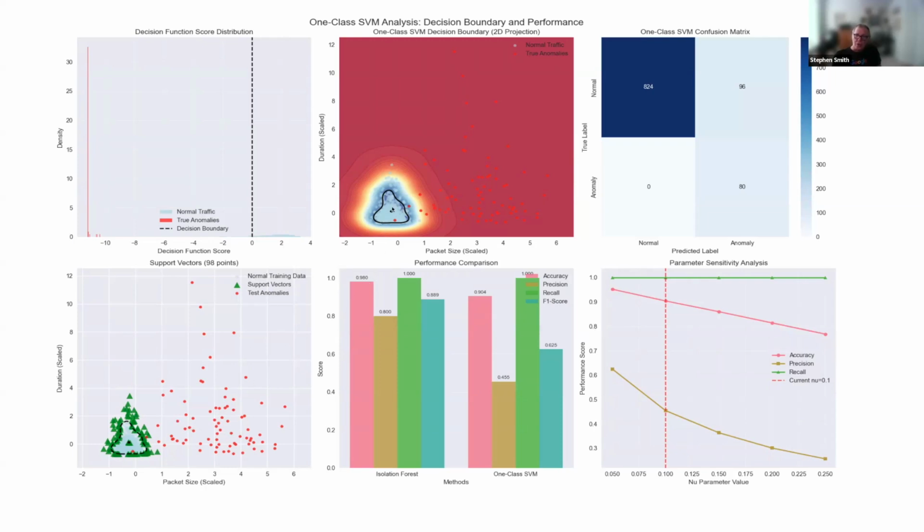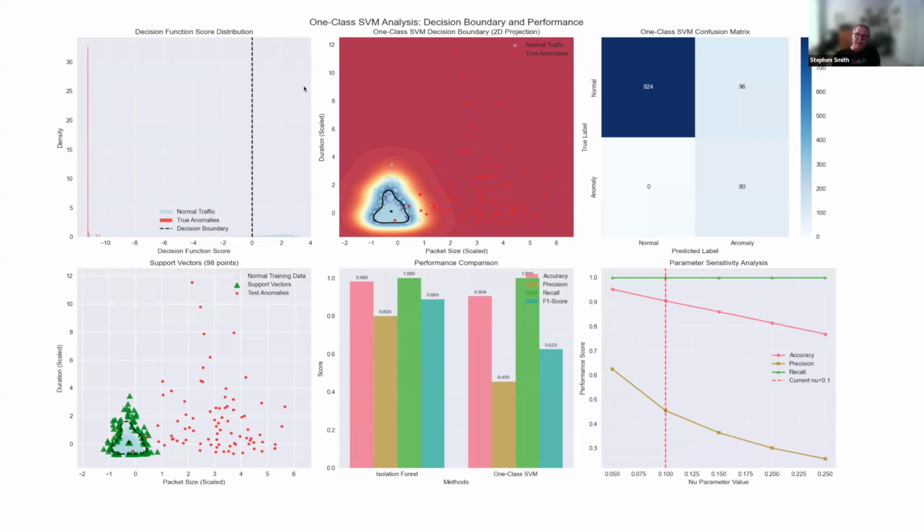This is all normal traffic inside of this blob-looking thing, and everything outside of it is classified as an anomaly. This boundary, which you can adjust through hyperparameters, you could probably make bigger and you would be okay, but that depends on how many anomalous pairs you would want inside of this particular decision boundary.